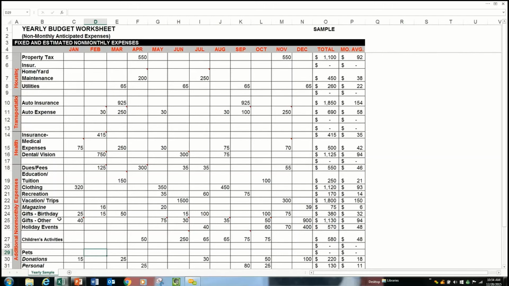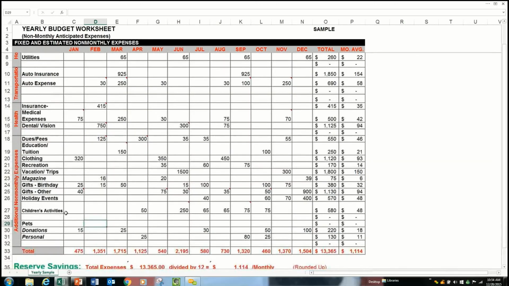For your children, we go down a little bit more. We've got children's activities, there's pets, there's personal care, there's workshops, there's trips, vacations, and you'll have a place to show the month and then what are those various kinds of expenses that they're going to have, especially for the children.